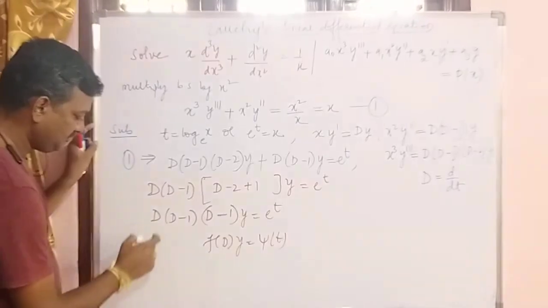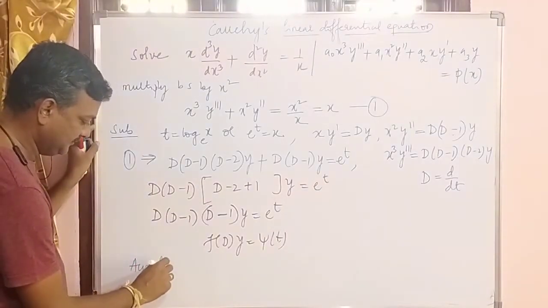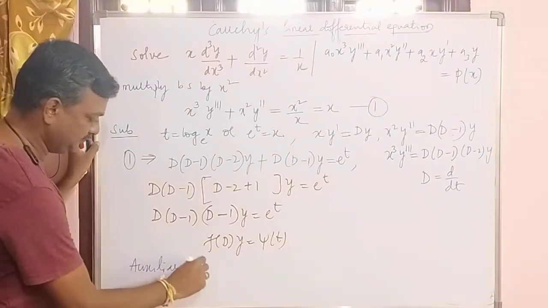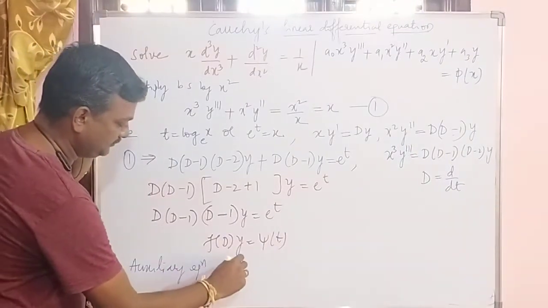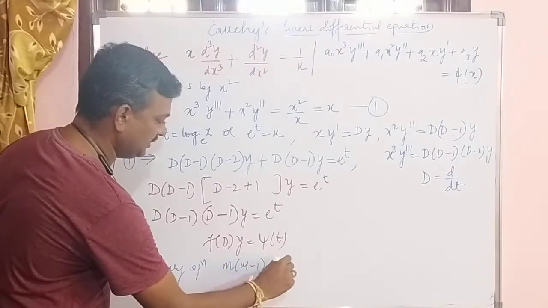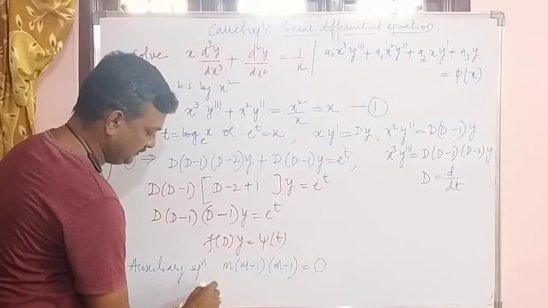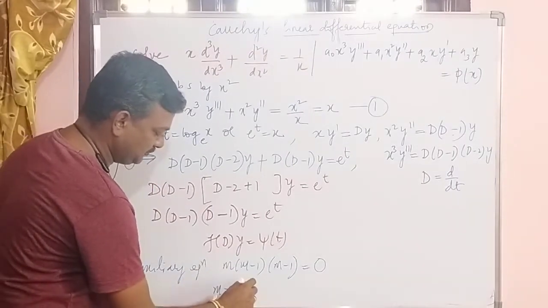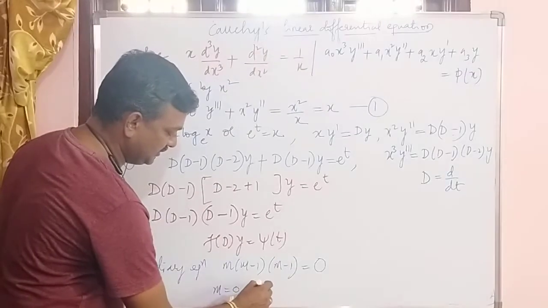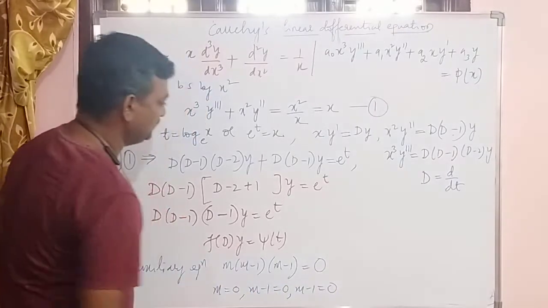So what is the auxiliary equation, student? The auxiliary equation is m into m minus 1 into m minus 1 is equal to 0. Here m is equal to 0, it's already in factors, m minus 1 is equal to 0, m minus 1 is equal to 0.